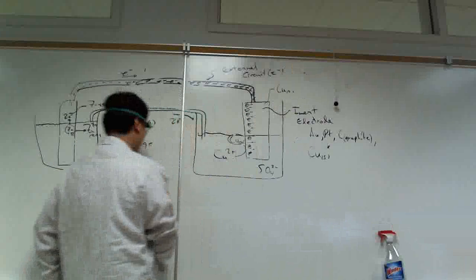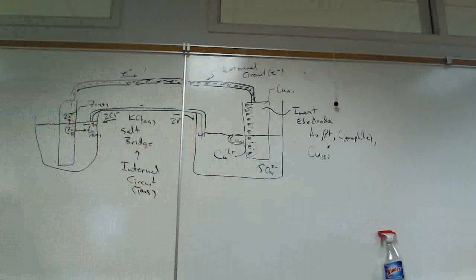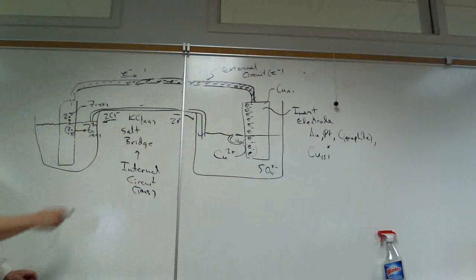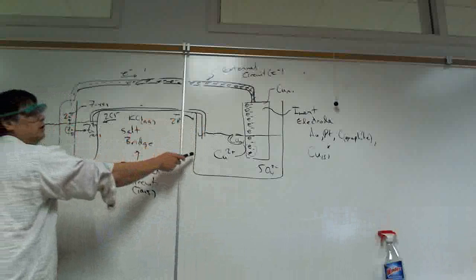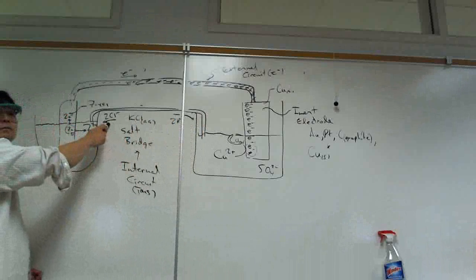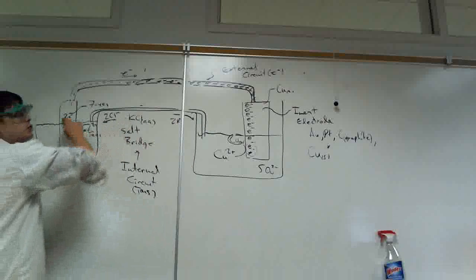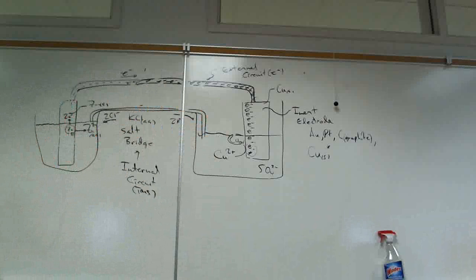We have ions conducting to neutralize the charge. Here you can see the negative charge flowing right to left. You see the chlorides? The negative charge is flowing in a circular motion. So we've got the internal circuit.